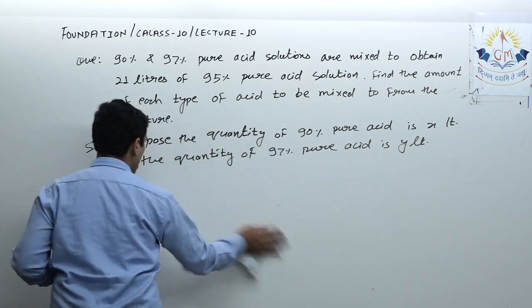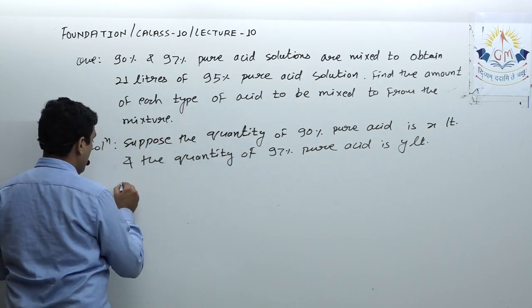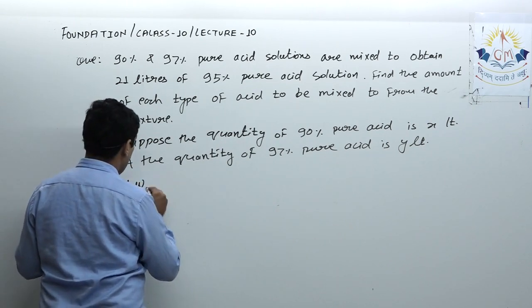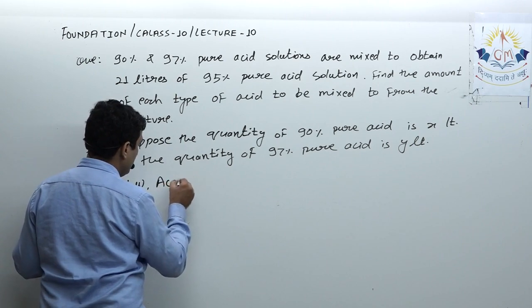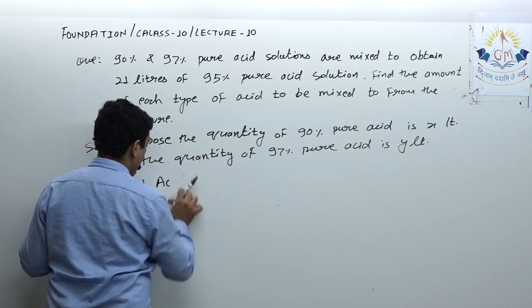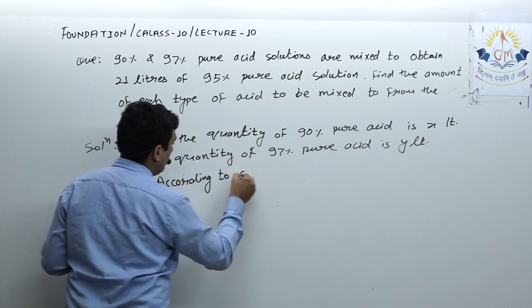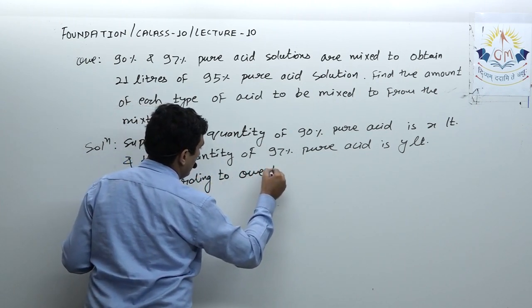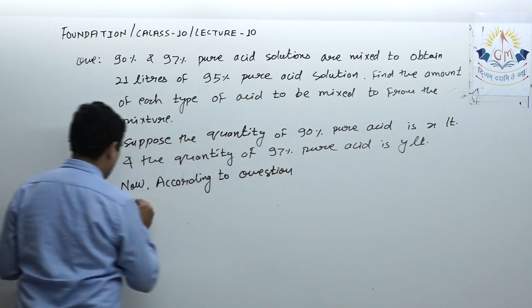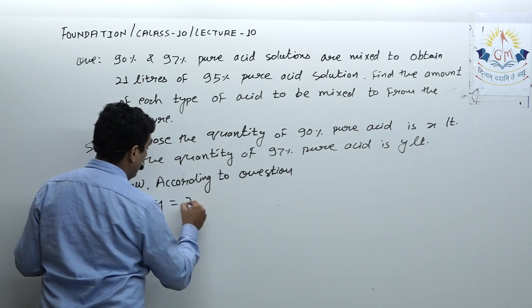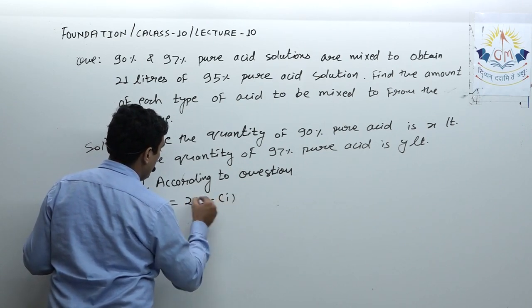According to the question, first thing I can say, x plus y is equal to 21. This is my equation number 1.